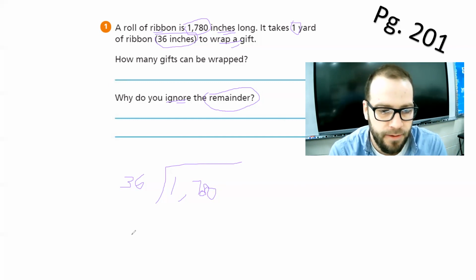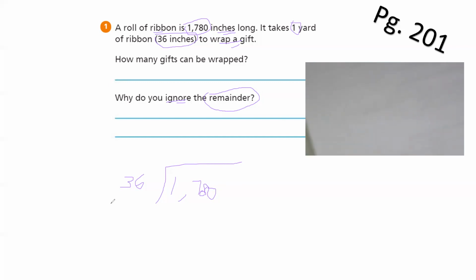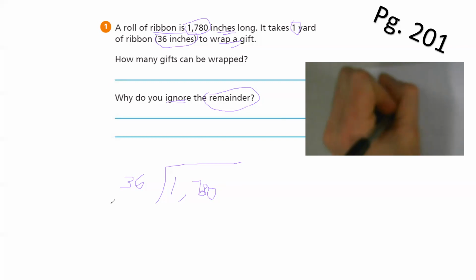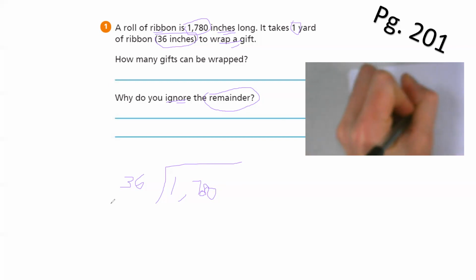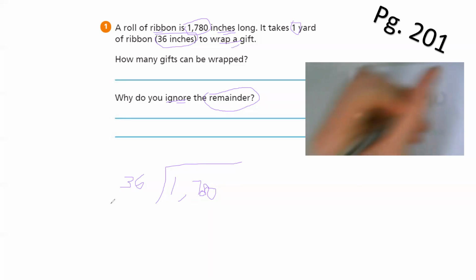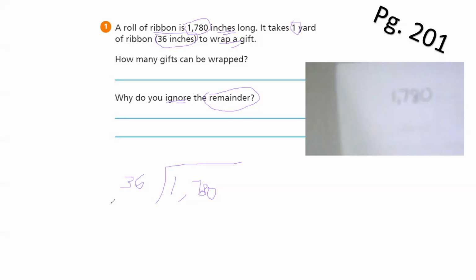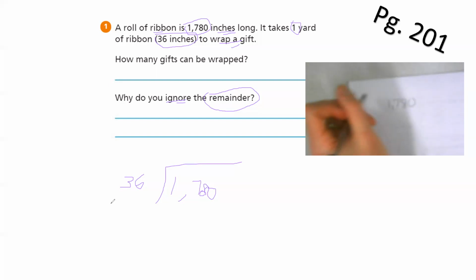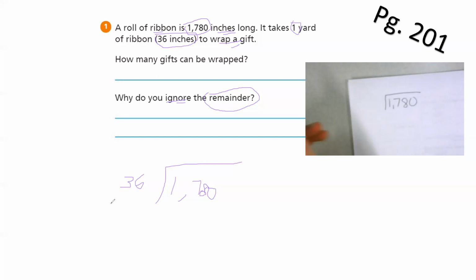All right. Hopefully you tried that one out. Now I'm going to go over the answer. We have 1,780, and we are making groups of 36.